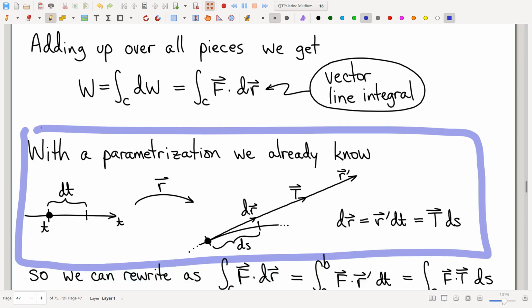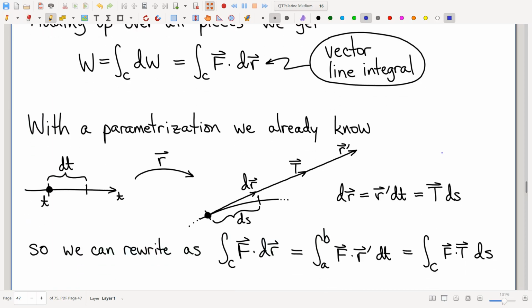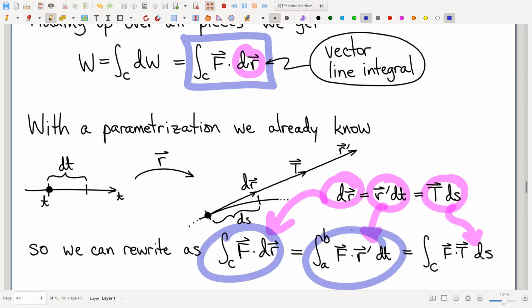And this gives us exactly what we need, frankly. We're looking at a vector line integral, and we have these various different ways of representing dr. Notice, one at a time, if you plug in these different takes on what dr is, you get alternative ways to write vector line integrals.